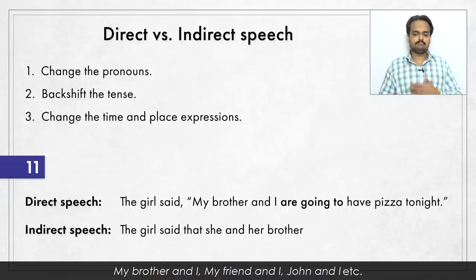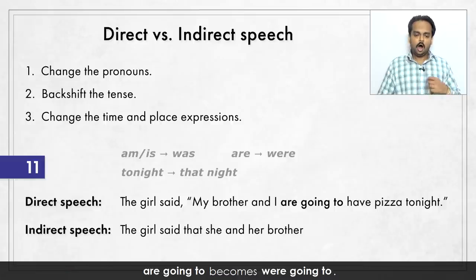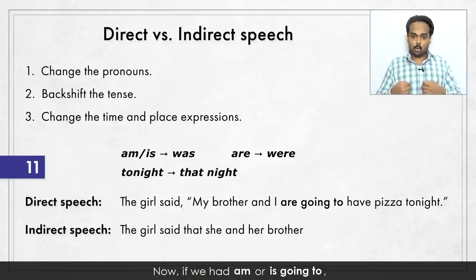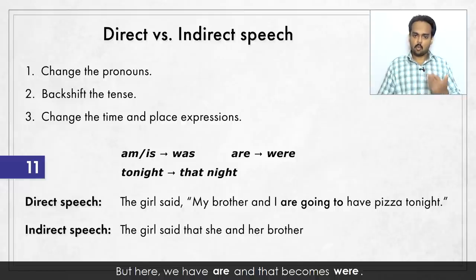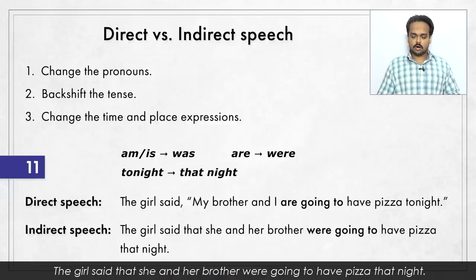My brother and I, my friend and I, John and I, etc. But with other pronouns, we put the pronoun first, she and her brother. Are going to becomes were going to. Now, if we had am or is going to, we would change that to was going to. But here we have are, and that becomes were. Tonight becomes that night. So the girl said that she and her brother were going to have pizza that night.